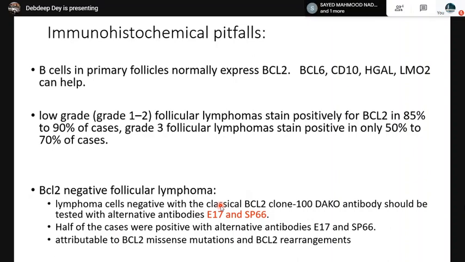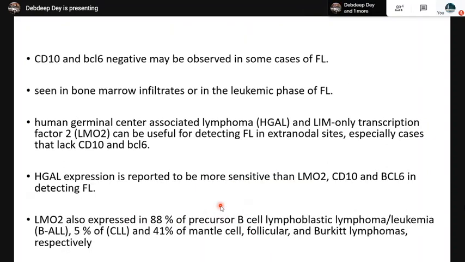If you do not have them, you must refer it to a higher center when you are thinking that this could be a BCL2 negative follicular lymphoma. Or you can also do the translocation, but it is likely that it will be negative.